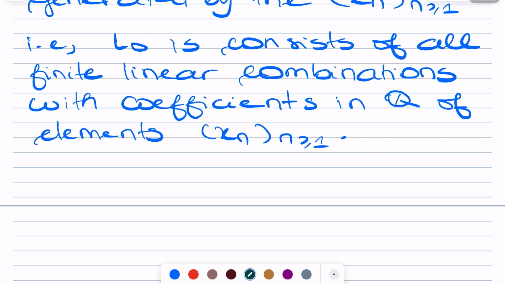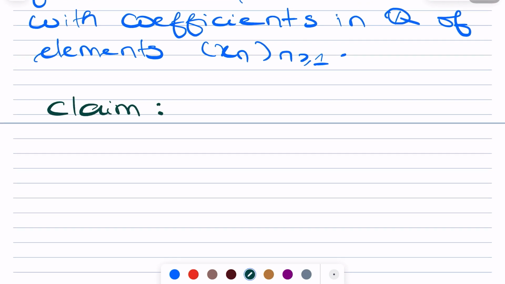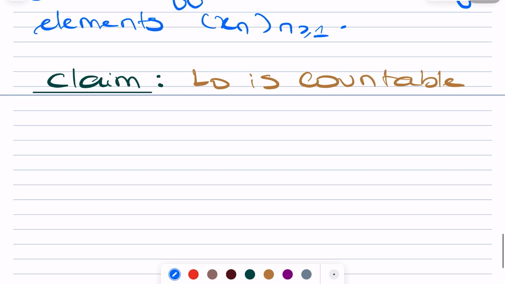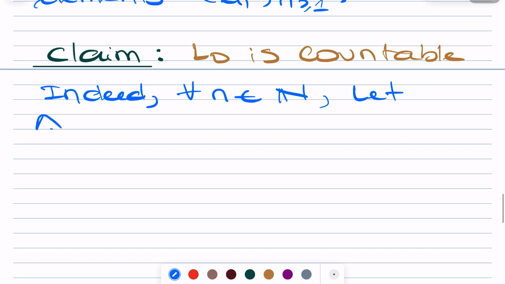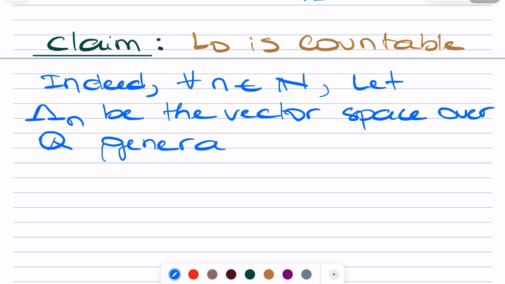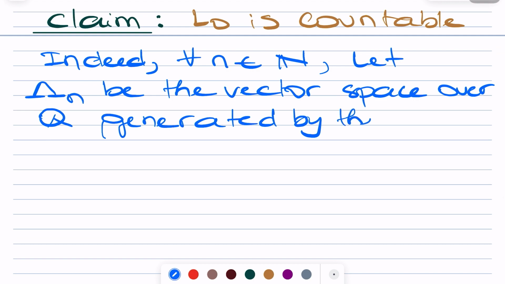So claim: L0 is countable. So for the proof, indeed, for every n in N, let's say Lambda_n be the vector space over Q generated by the x_k, k running from 1 to n.